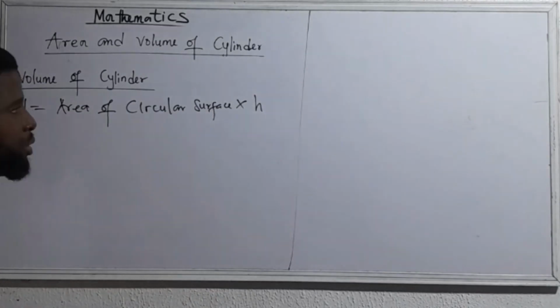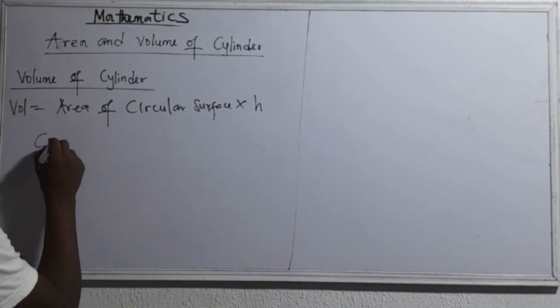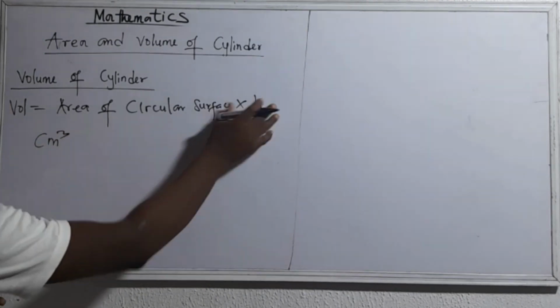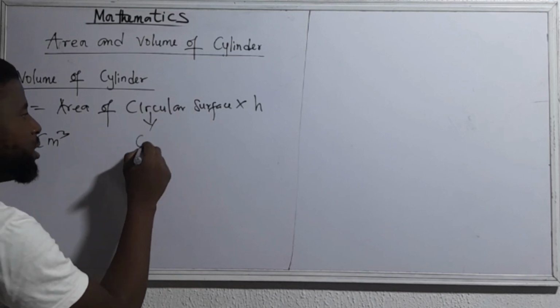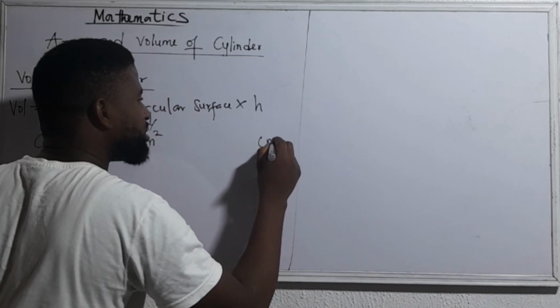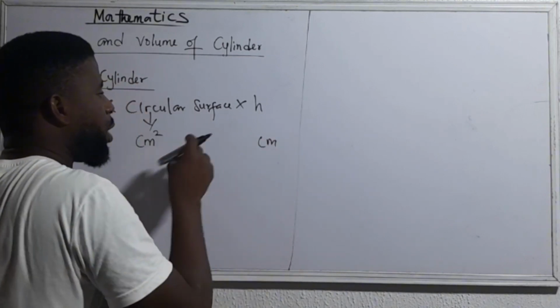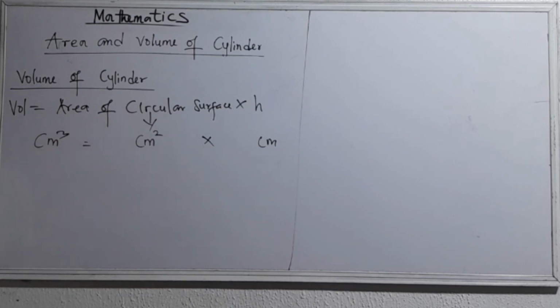Now, remember, the unit for volume is centimeter cube, which is, if you look at this, the area of the circular face is in centimeter square, while the height is in centimeter. So we have centimeter square times centimeter gives us centimeter cube, right?